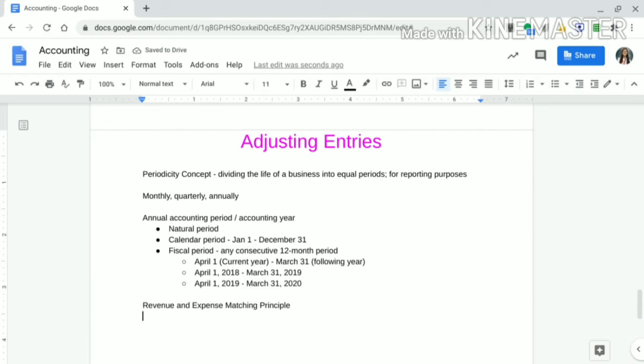So, if you would remember, ang sinusunod natin sa accounting is accrual basis. Kung naalala nyo pa ano yung accrual basis, transactions are recorded as they occur. Diba? Whether cash is involved or not.